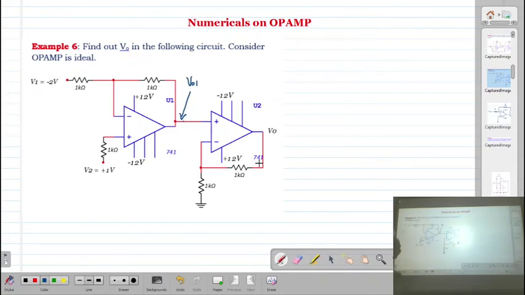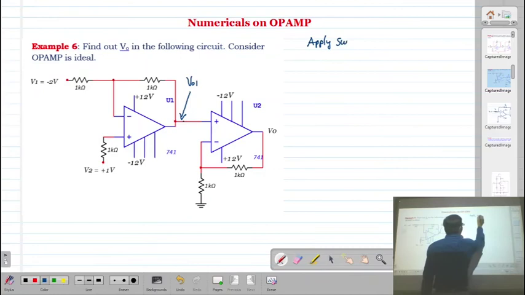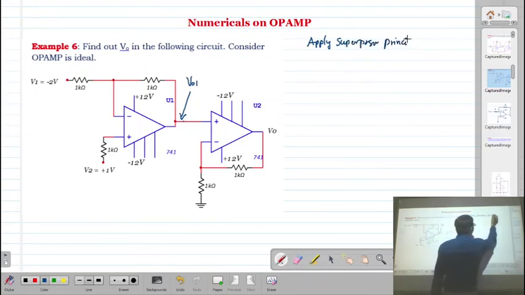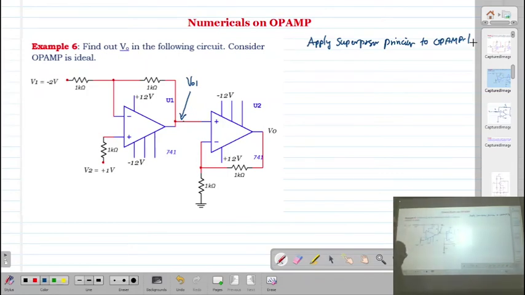So here if we apply the superposition principle to the first operational amplifier, to op-amp 1. Correct? So here the two sources are there. So you have to consider one of the sources connected to ground. Let us say this is connected to the ground.